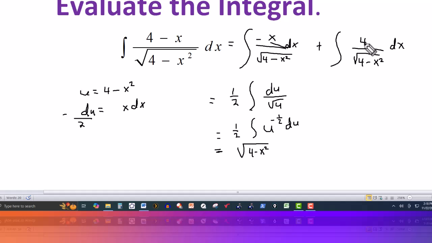Now for this one here, we can use the formula that we just looked at, where instead of dx it was du, and then this was a squared minus u squared, but in this case x is the same thing as u. So from here we go directly to the answer.